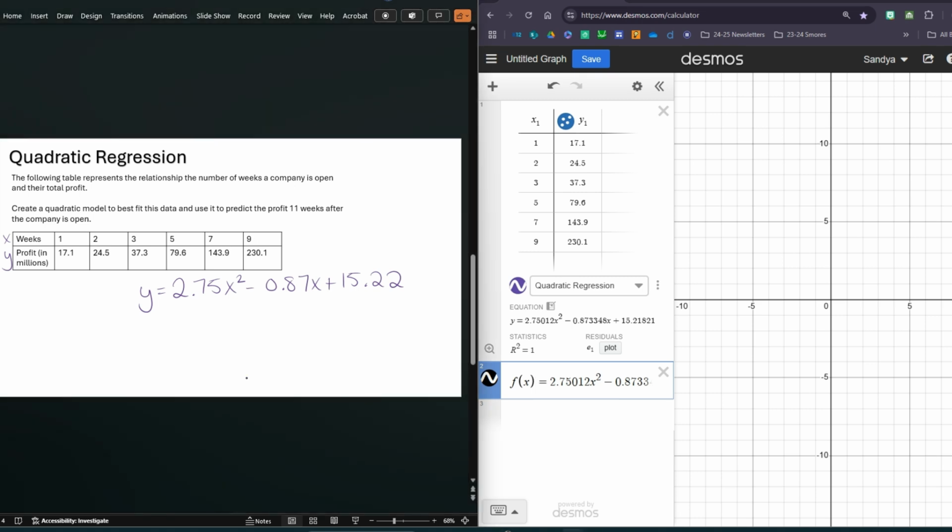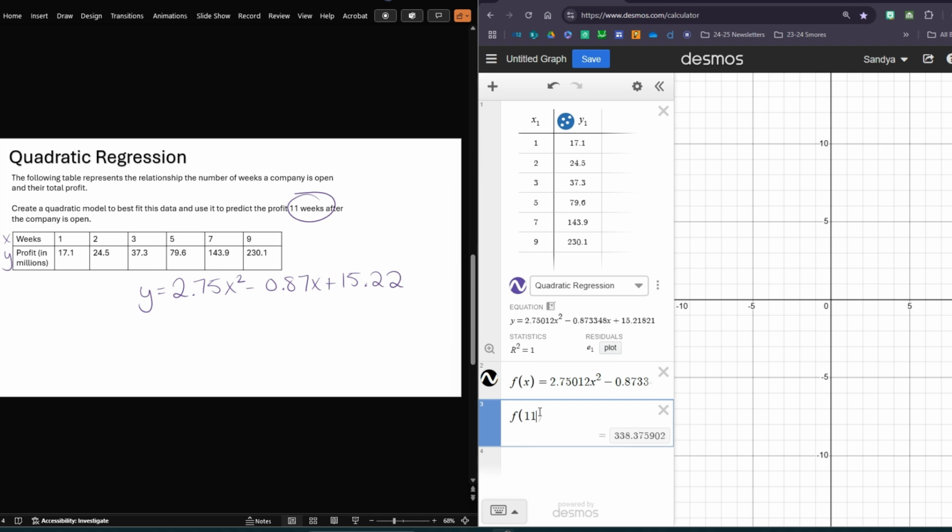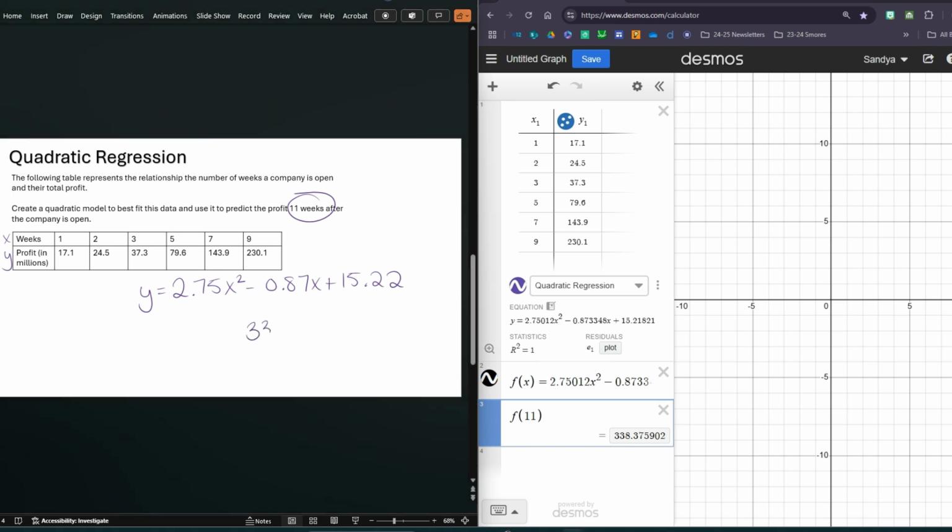It's asking me to predict the profit after 11 weeks, so I'm going to write f of 11 in the next row. And that is approximately 338.4, so 338.4 million dollars will be their profit after 11 weeks.